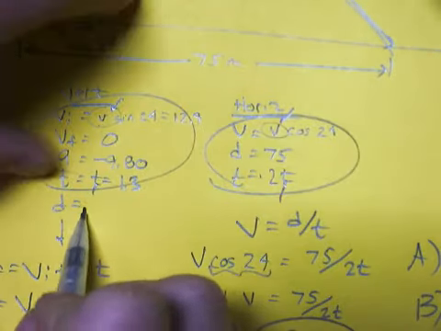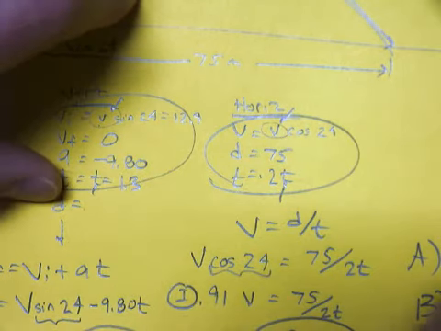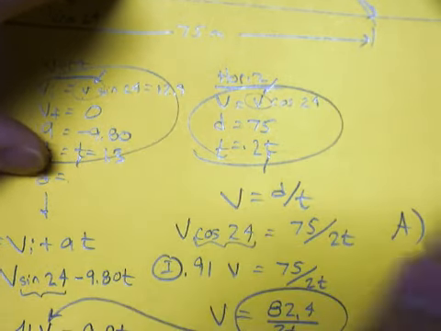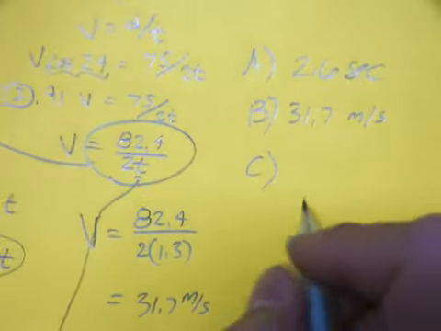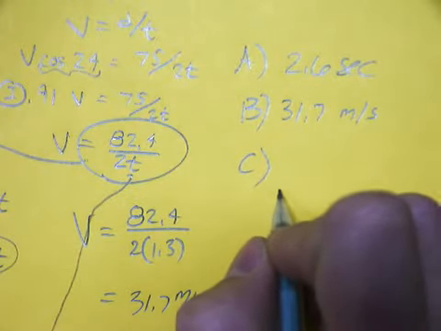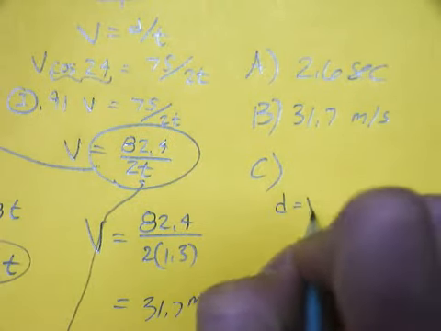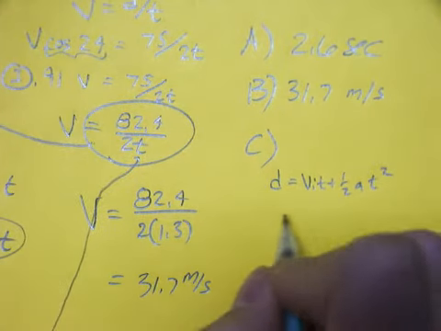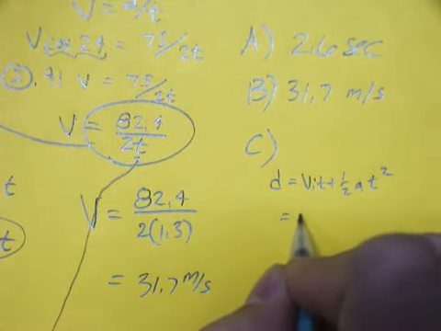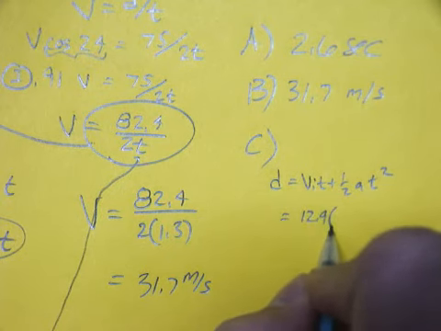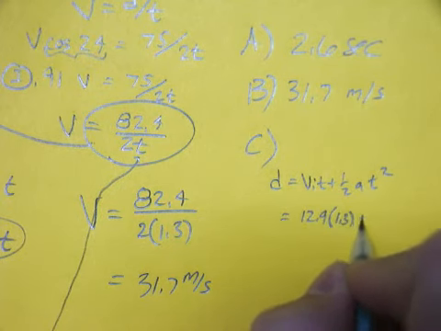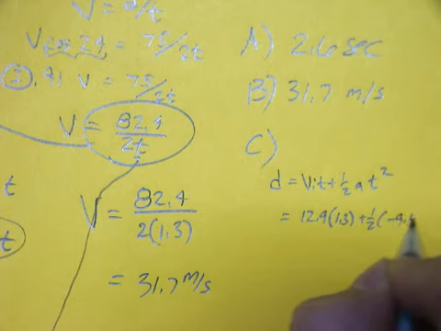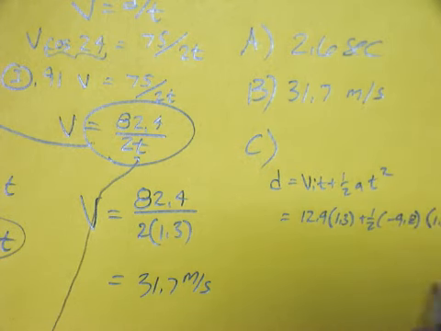So I could use one of my equations. Let's see here. d equals vi t plus 1/2 a t squared. So vi is 12.9, t is 1.3, plus 1/2 times negative 9.8 times 1.3 squared.